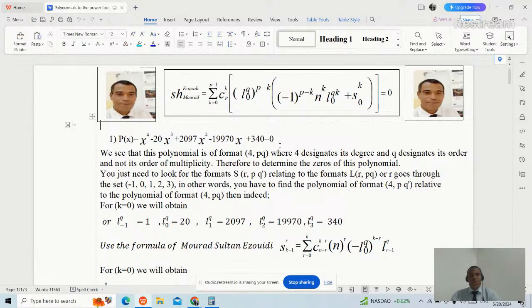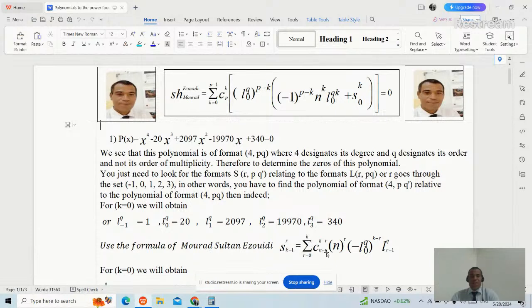In general, it's possible to solve any polynomial to the power n, whatsoever the polynomial, using the discriminant formula of Mr. Mourad Sultan Ezouidi, that is labeled S_k minus 1 to the power r equals the sum from 0 to k of n minus r choose k minus r, where k is between 0 and k.